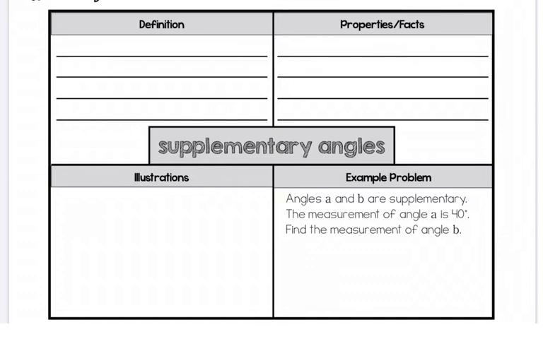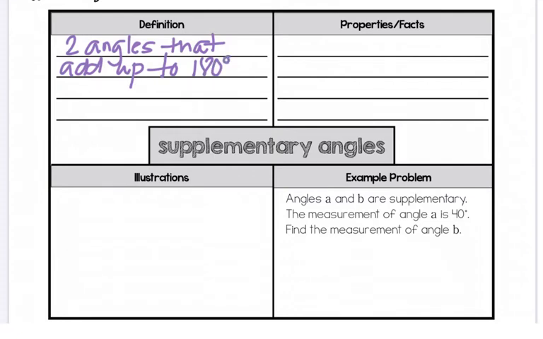Supplementary angles are 2 angles that add up to 180 degrees. So 2 angles that add up are 2 angles that have a sum of 180 degrees.